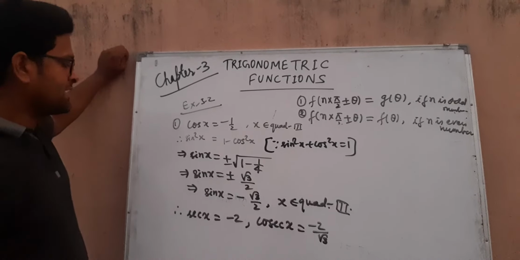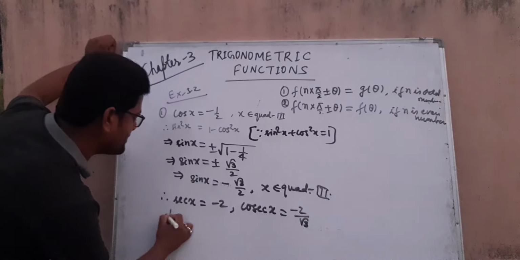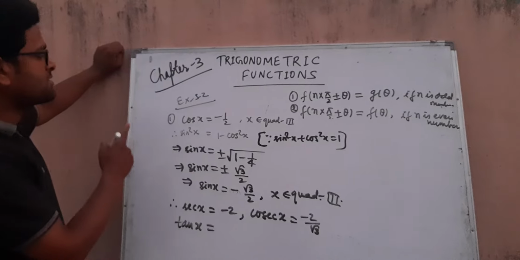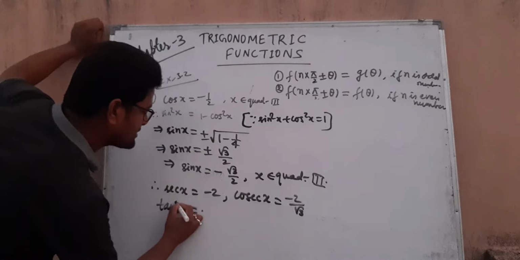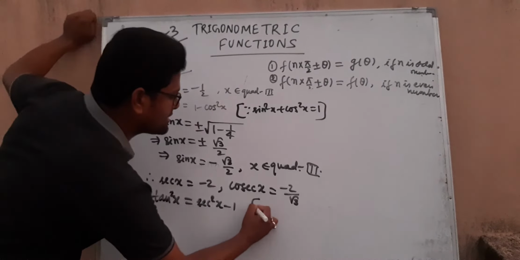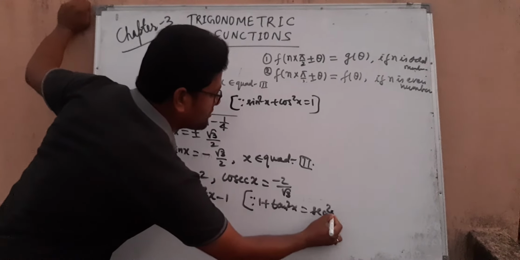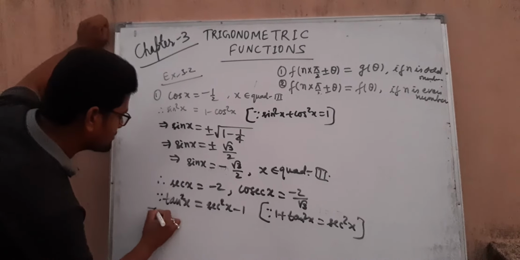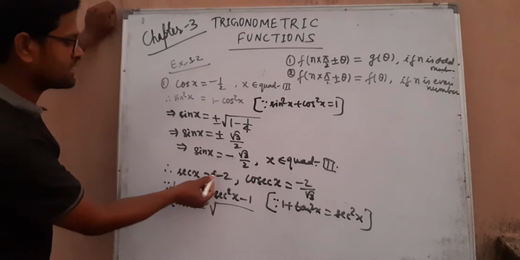Now let us find tan x and the cotangent function of x. tan x is based upon the sec function. You know the formula: tan square x is equal to sec square x minus 1, since 1 plus tan square x is equal to sec square x. So tan x is equal to root under, what is the value of sec x? Sec x value is minus 2.